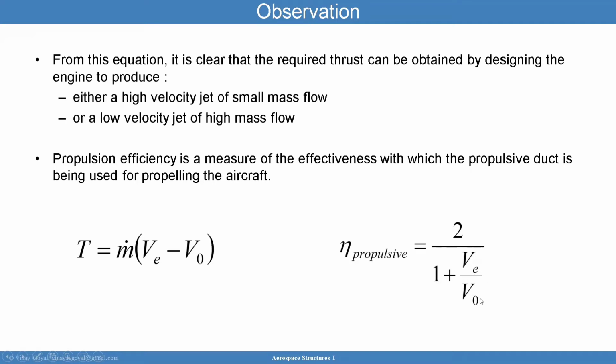You can see here that if the exit velocity is equal to the initial velocity of the flow, you get an efficiency of 1, or 100%. So you definitely want to keep these as equal as you can, but that's impossible. The exit velocity will always be different from the initial velocity.